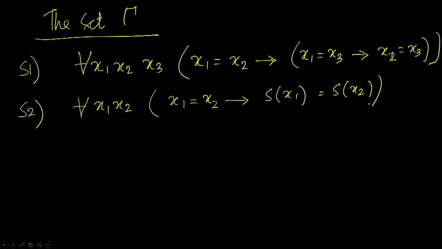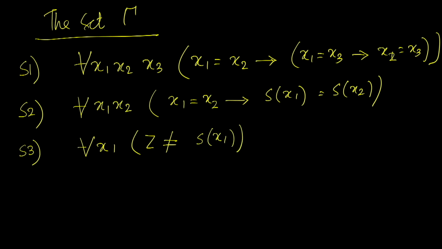So what it says is that for every x1 and x2, if x1 is equal to x2, then the successor of x1 is the same as the successor of x2, which means every number has a unique successor. And then we say that z is not the successor of anyone. That is what the third axiom is.